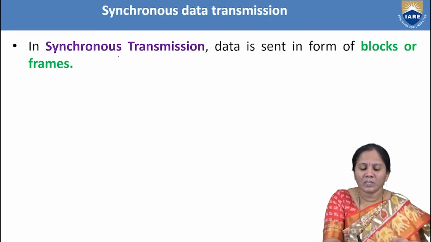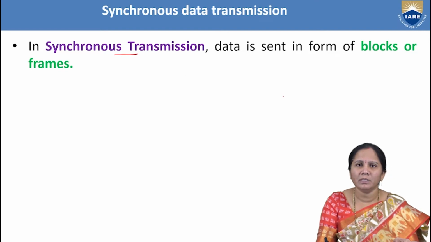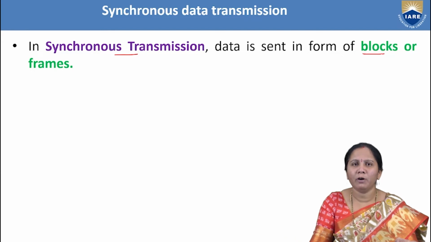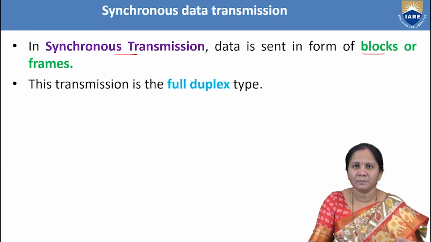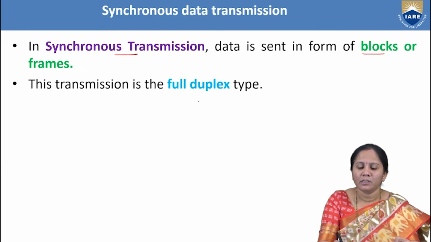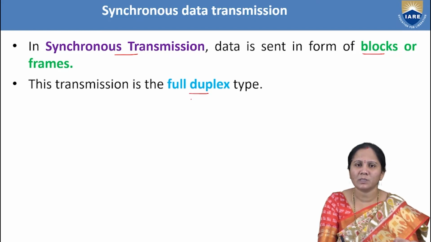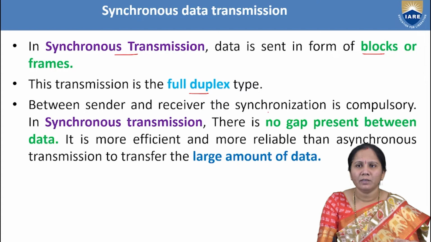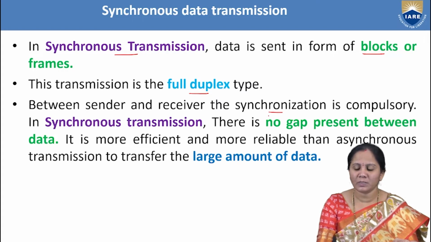What is meant by synchronous transmission? In synchronous transmission, data will be sent in the form of blocks or frames. This synchronous data transmission supports full duplex transmission mode. Between sender and receiver, the synchronization must be done, so in this case an external clock signal will be used.